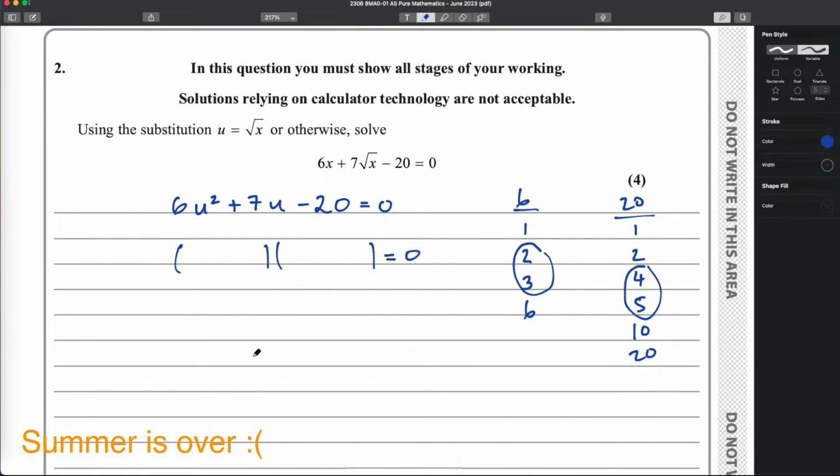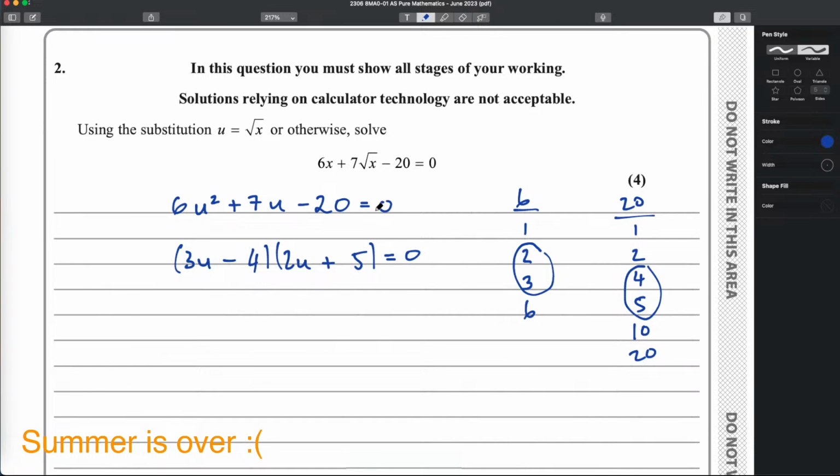So if we multiply 3 by 5, we could have, for example, 3u and 2u, and then positive 15 take negative 8. Right, 15 take 8, 7, yeah.